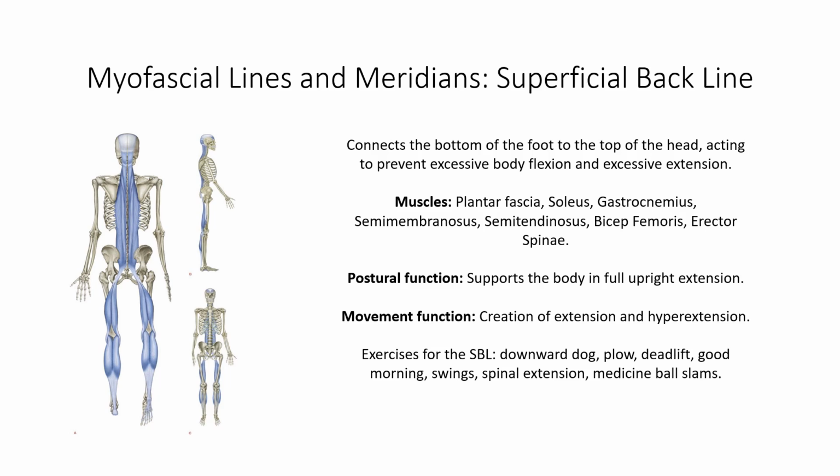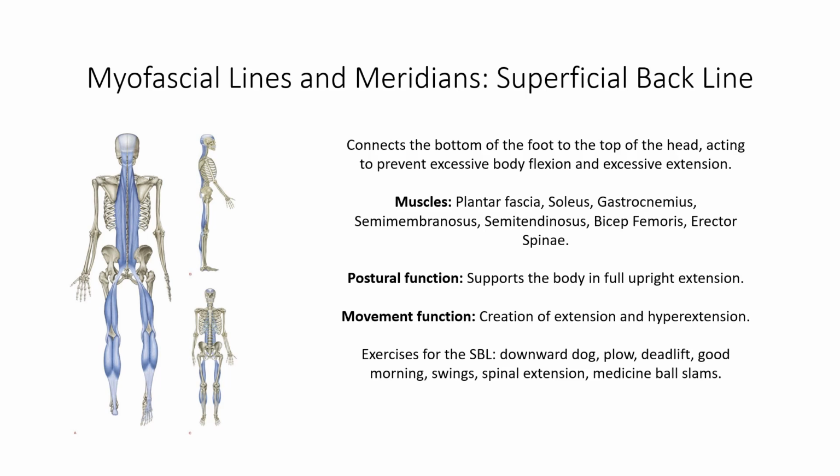The muscles that are involved along this line are the plantar fascia in the bottom of the foot, the soleus, the gastrocnemius of the calves, the semimembranosus, semitendinosus and biceps femoris of the hamstrings, and the erector spinae, which obviously divides into several groups. Going back to your muscular lessons and your origins and insertions. The postural function is to support the body in full upright extension, and the movement function is the creation of extension and hyperextension.